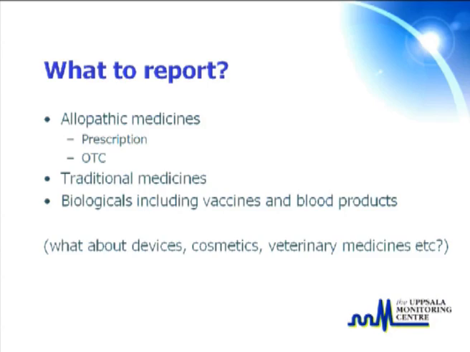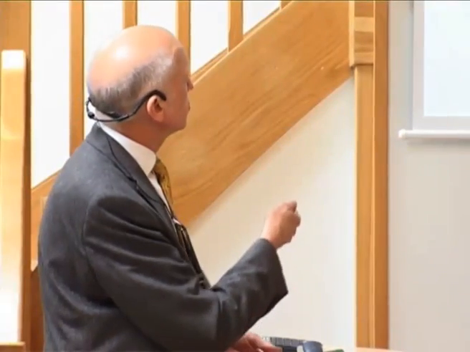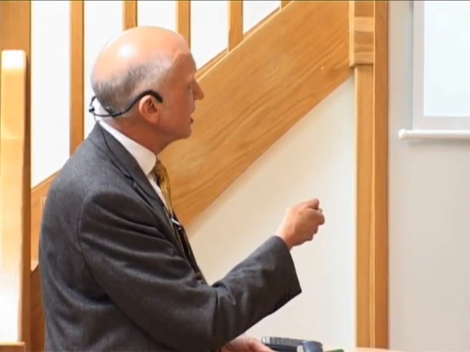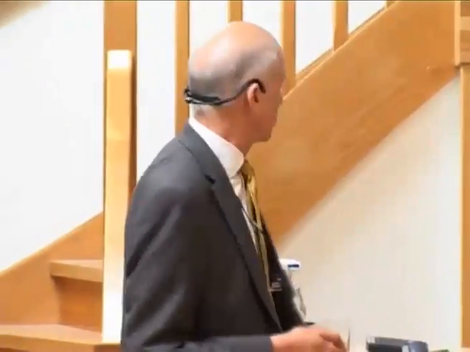And then some countries have also expanded into medical devices, cosmetics, veterinary medicines, depending on your legislation and what your country needs. For us, we are not in these areas. So we are not including these product categories in our teaching.